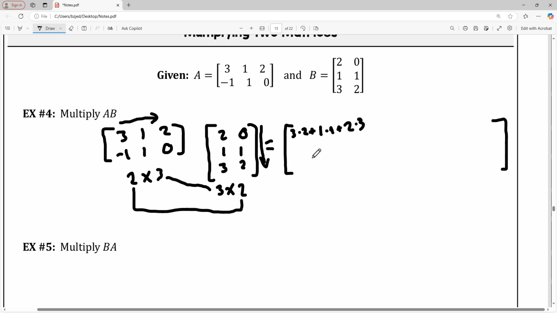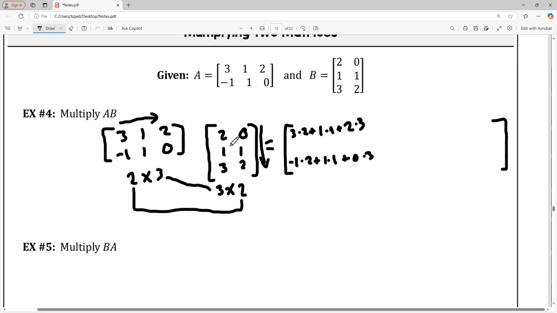If I want the value that's here, the value that goes in the bottom left, that, if we think of it, is still in the first column, but it's in the second row. So I'm going to now use my second row and multiply it to my first column. So I'm going to go -1 times 2 plus 1 times 1 plus 0 times 3.